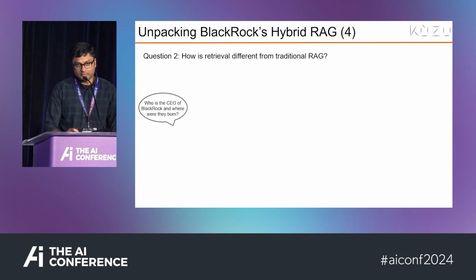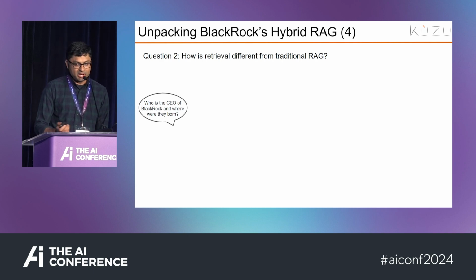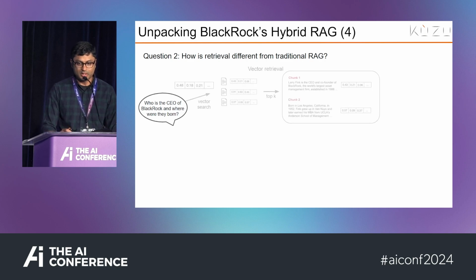So the whole point of doing all this is so that we can do a retrieval. And then we ask the question, how is the retrieval process here different from what a traditional RAG process would do? Let's ask the question, who is the CEO of BlackRock and where were they born? This is a natural language question, and you would expect a response that uses the facts in the data.